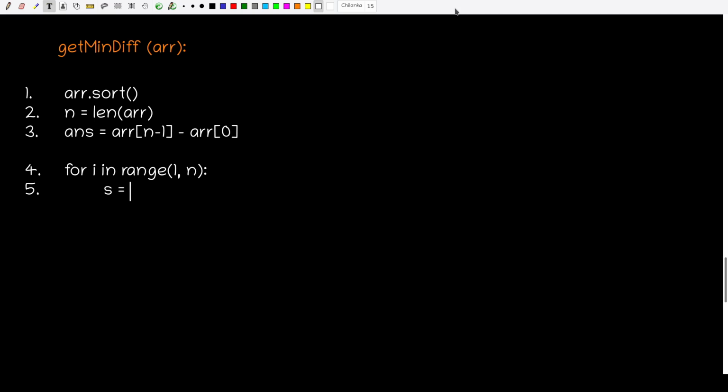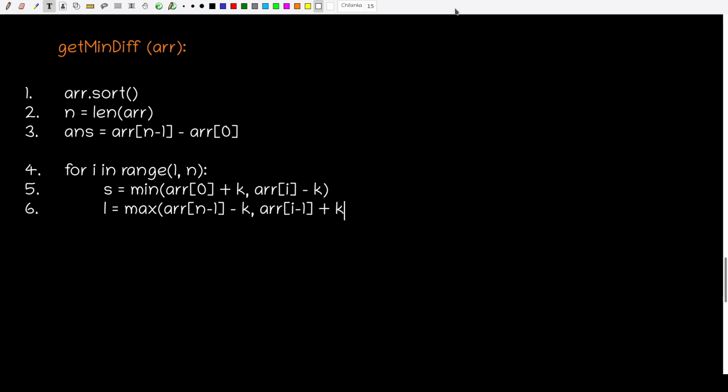S will be equal to the minimum of ARR 0 plus K, ARR I minus K. Similarly, the height of the largest tower will be given by the max of ARR n minus 1 minus K, comma ARR I minus 1 plus K. And once we have computed the height of the smallest and largest tower, all we have to do is update our answer: answer equals the minimum of answer comma L minus S, and towards the end we just have to return answer. So that's the pseudocode, folks.